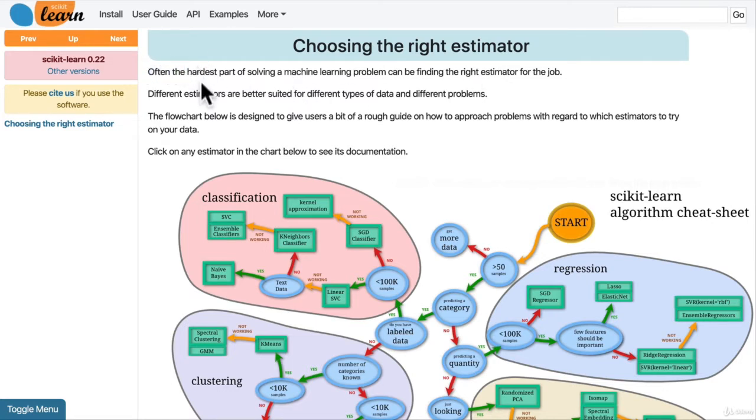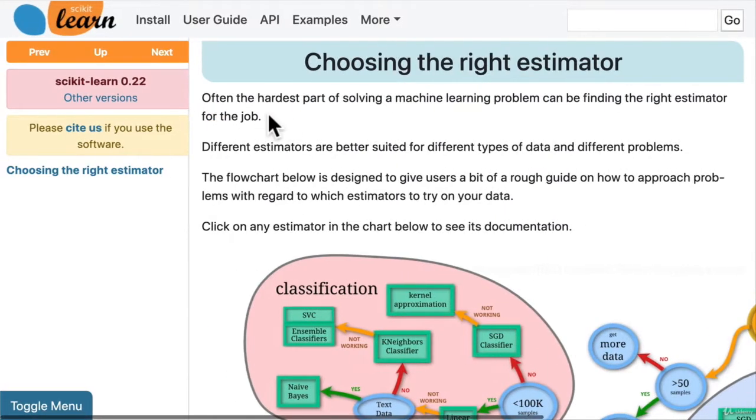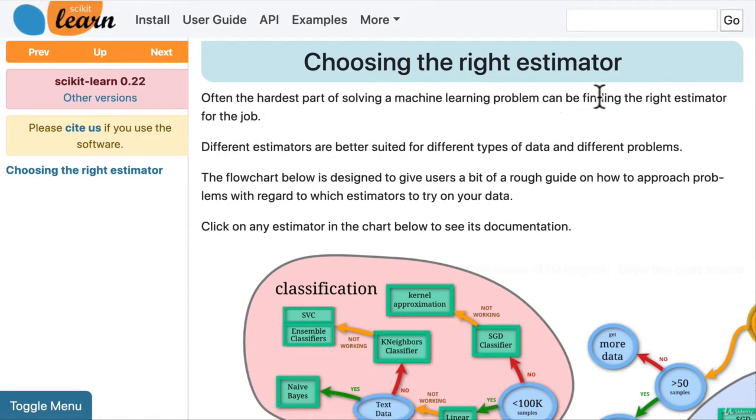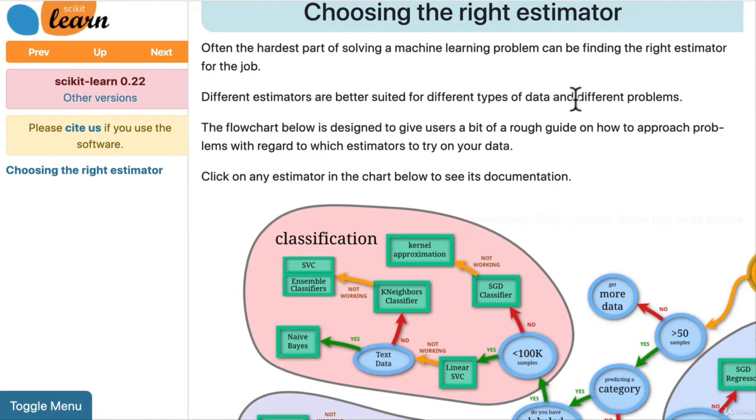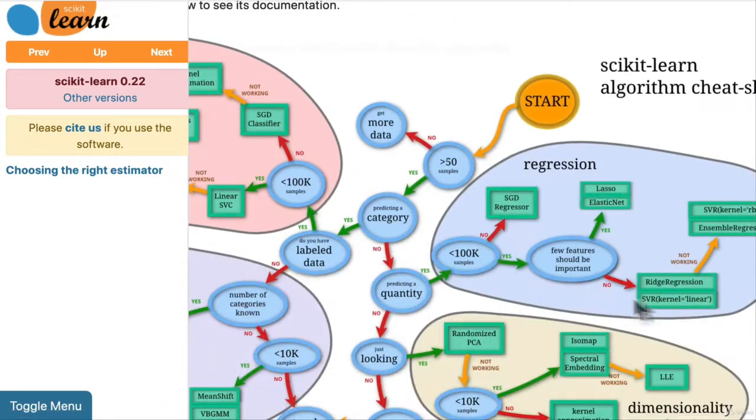And the documentation here says, often the hardest part of solving a machine learning problem can be finding the right estimator for the job. Yes, different estimators are better suited for different types of data and different problems. Ah, that makes sense. So if we have a classification problem, we might want to use one of these estimators. And if we have a regression problem, we might want to use one of these estimators.